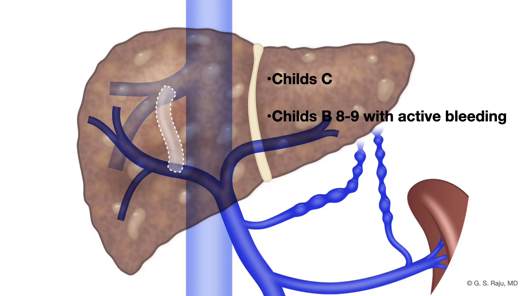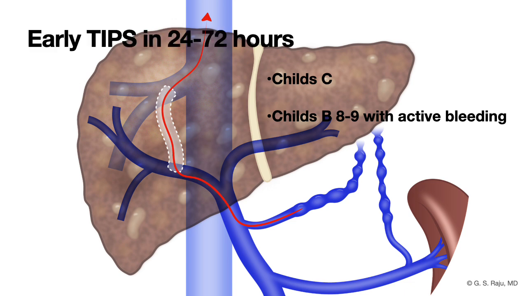And then these patients are taken up for TIPS procedure within the first 24 to 72 hours. This early TIPS has been shown to be beneficial, improve the outcomes in patients where you control the bleeding, but they have Child's B status with active bleeding or Child C with a score of 10 to 13.